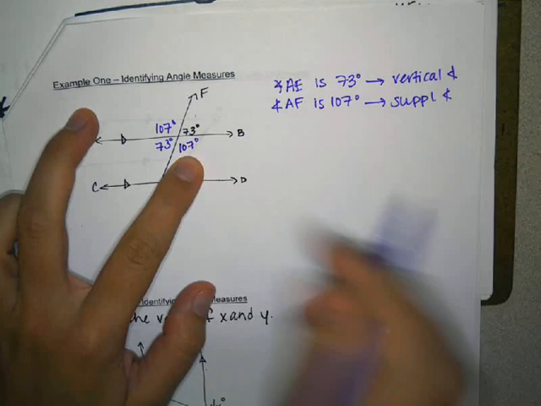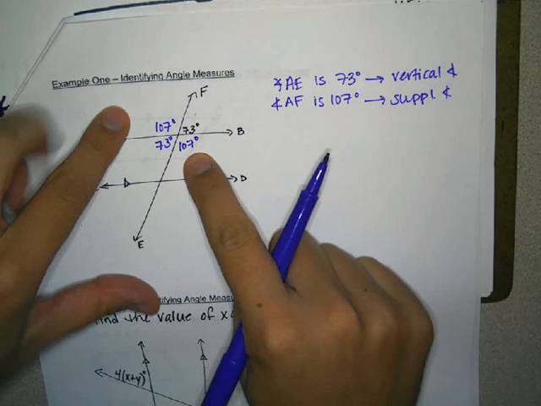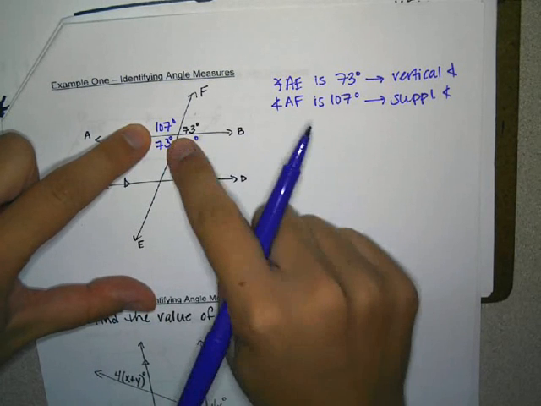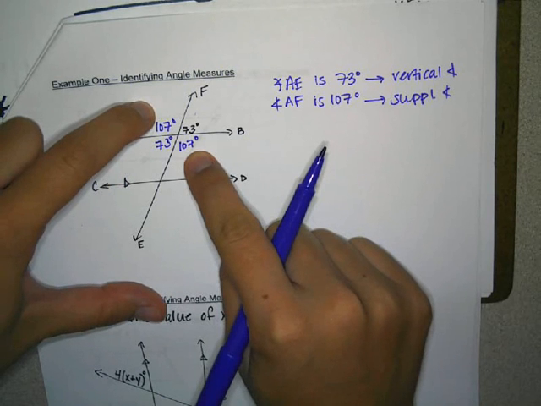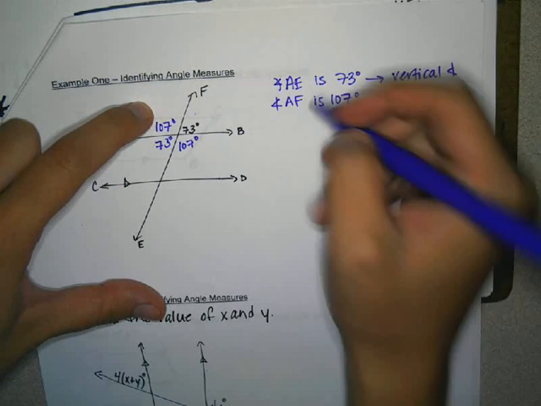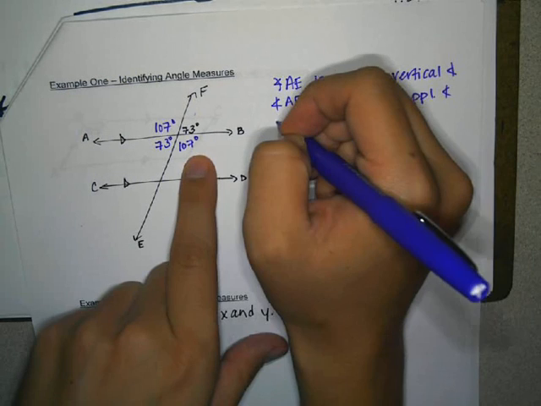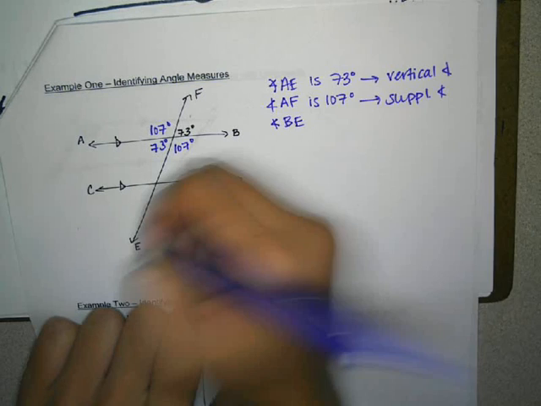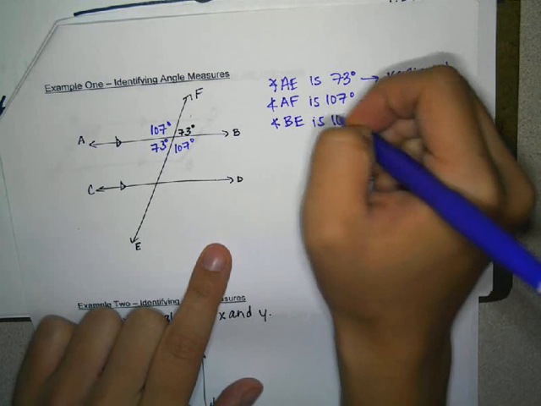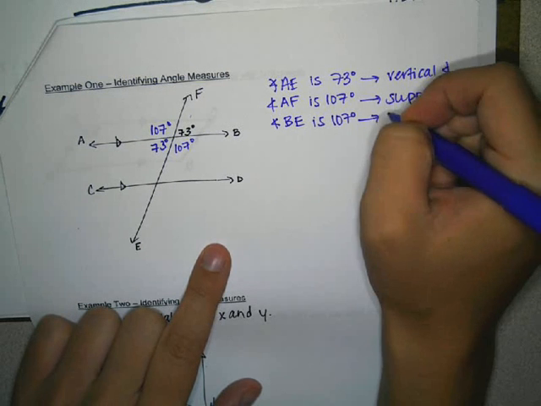But the other thing that you can say is, well, this angle, if it's 107, this angle over here was the vertical angle to that one. And I know vertical angles have to have the same measure. Okay, so angle BE is also 107. And I'm going to write that it's a vertical angle.